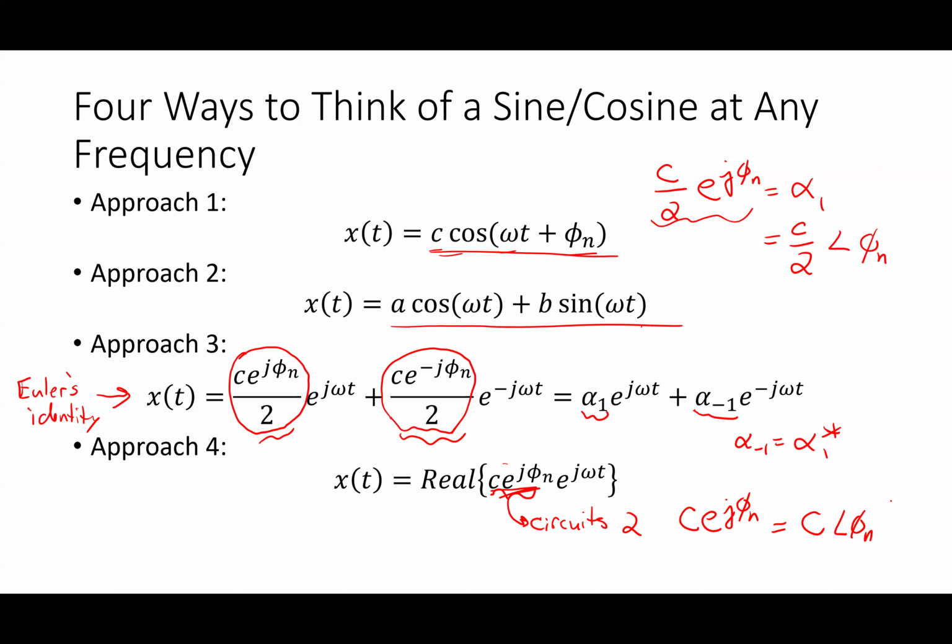And we need to be able to go back and forth. But why do we need to go back and forth? Because honestly, when you're in circuits, the easiest way to do the analysis is really just with this, and to relate it back to the way it exists in the real world. In the real world, we don't have vectors rotating in the complex plane. If you look on an oscilloscope, you have a voltage that goes up and down and up and down.